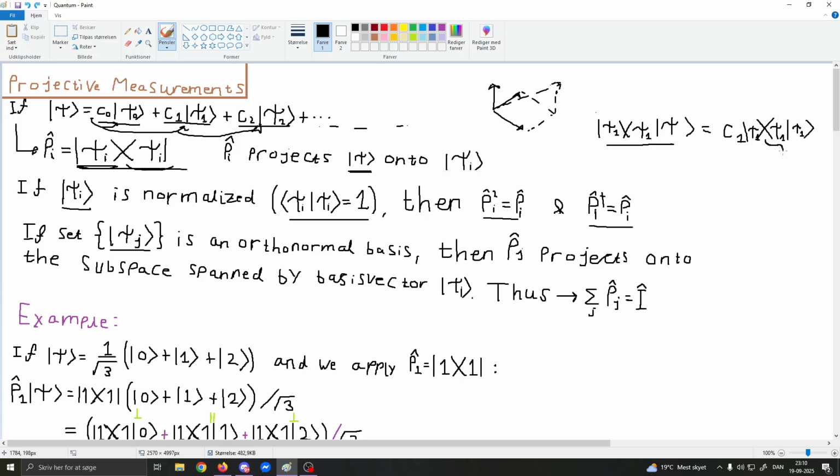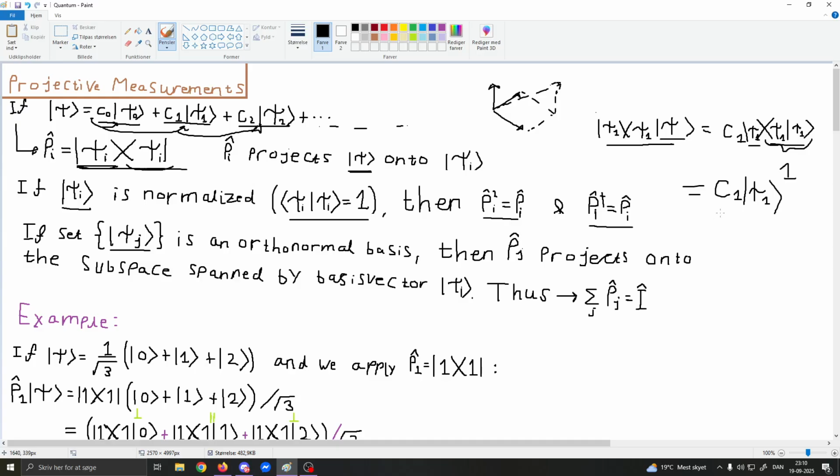So we get this inner product from applying our projector of psi1 onto the full quantum state, and it projects into that basis vector. Psi1 multiplied by psi1, this inner product, that just becomes 1. So as a result, all of this becomes c1 multiplied by psi1, because there's still this remaining psi right here.